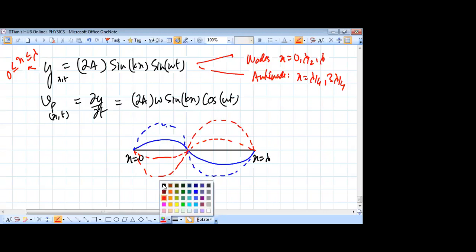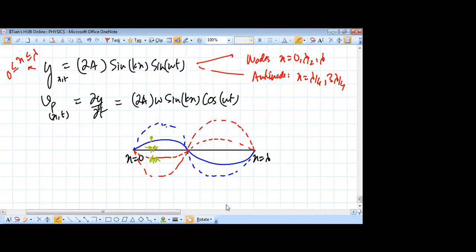So the given section of our string from 0 to lambda has 3 nodes and 2 antinodes. Okay. So anyway, at any instant like this, if we consider a general particle dx, when it's over here, for example, it is going up like this.